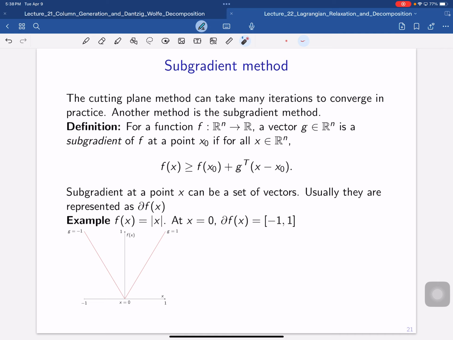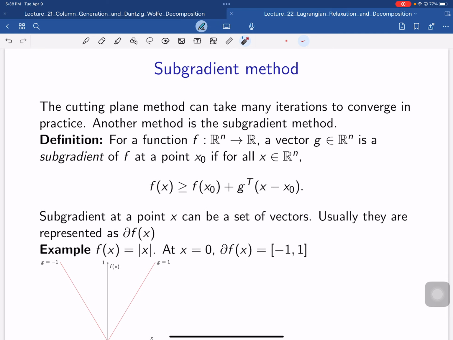Okay. So if you have a function f, then the vector g is a subgradient of f if f(x) is greater than or equal to f(x naught) plus g transpose (x minus x naught).